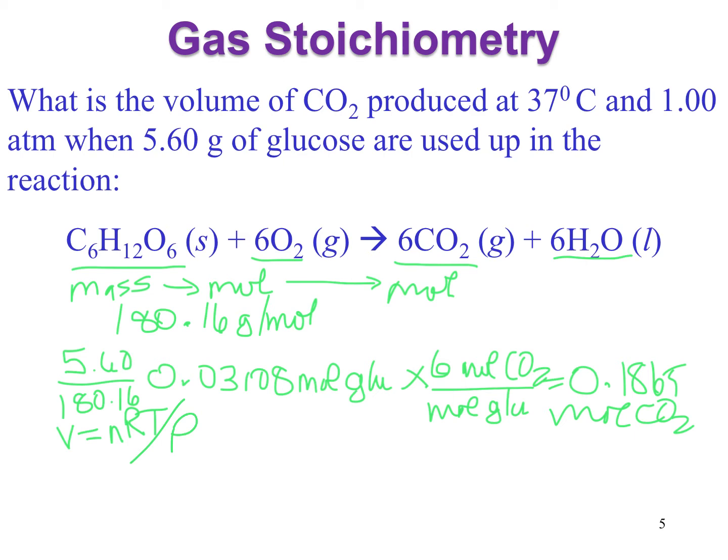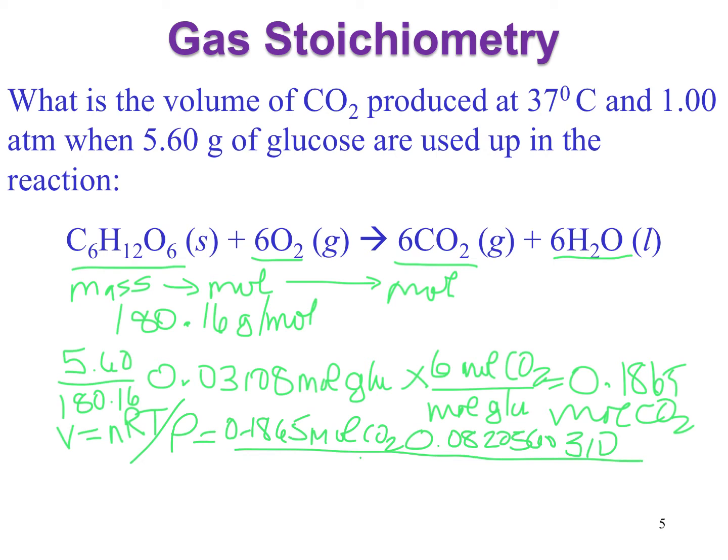Thus, the volume equals 0.1865 moles of carbon dioxide times 0.08205 liter atmospheres per mole Kelvin times 310 Kelvin divided by 1 atmosphere. This equals 4.74 liters. Note that atmospheres, moles, and Kelvin cancel, leaving liters as the unit.